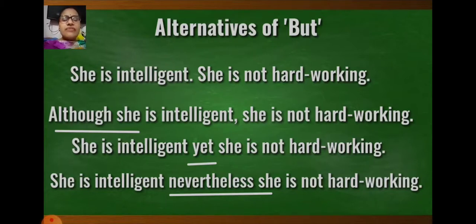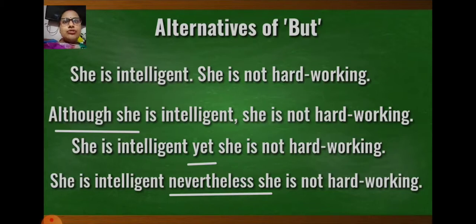Whenever you use these kinds of conjunctions, which we can call subordinating conjunctions, remember to use a comma just after completing one part of your sentence. Although she is intelligent, comma, she is not hardworking.